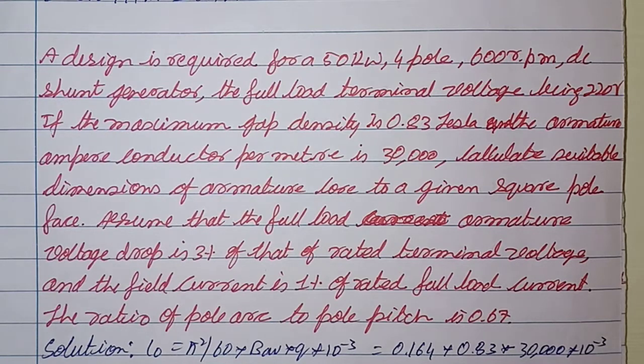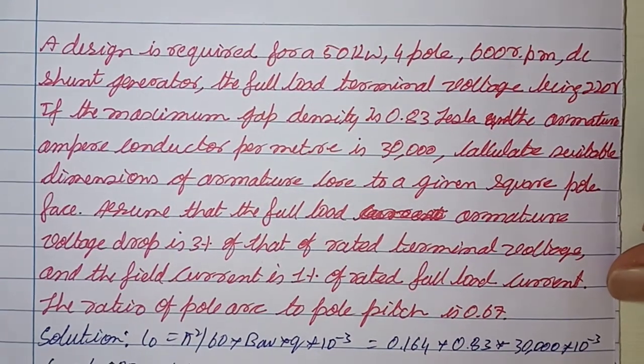Assume that the full load armature voltage drop is 3% of the rated terminal voltage, the field current is 1% of the rated full load current, and the ratio of pole arc to pole pitch is 0.67.